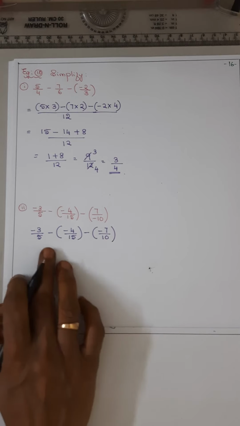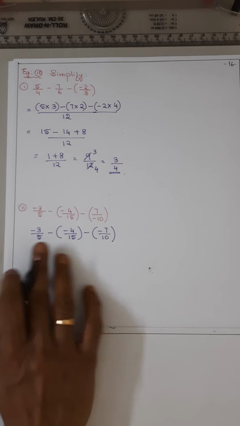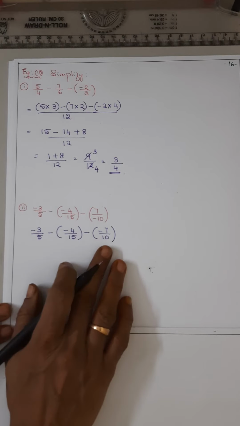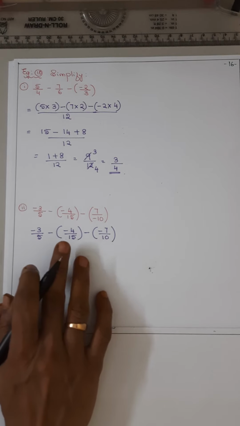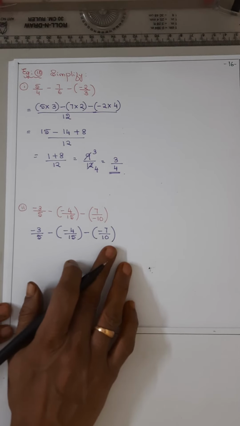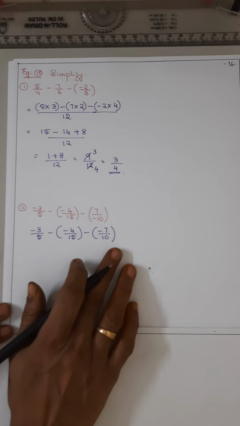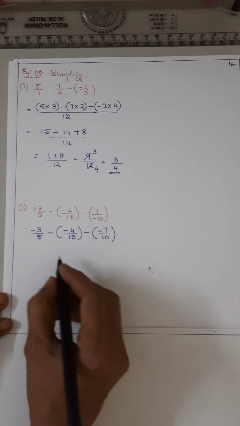Now ask 5, 15 and 10. 15 ones are 15. So here it is there, but here no. 15 twos are 30. Here also it is there. Here also it is there. Here 5 का टेबल में भी है, 10 का टेबल में भी 30 है.